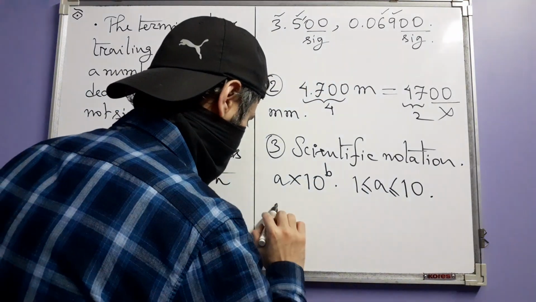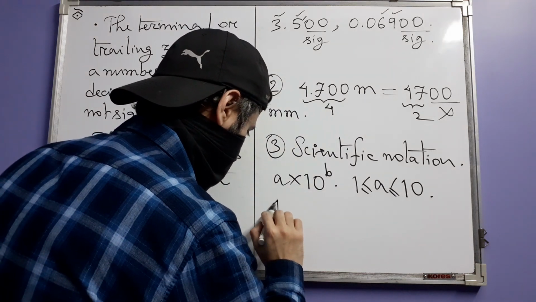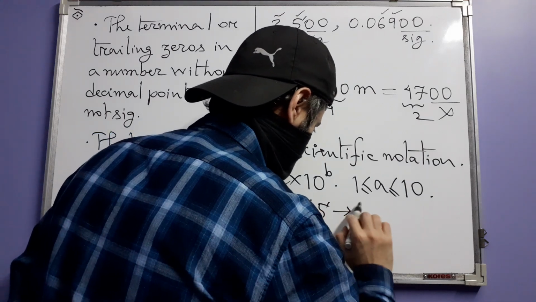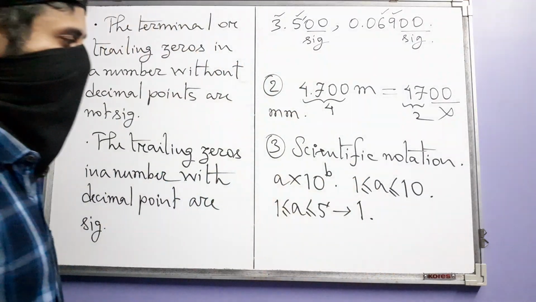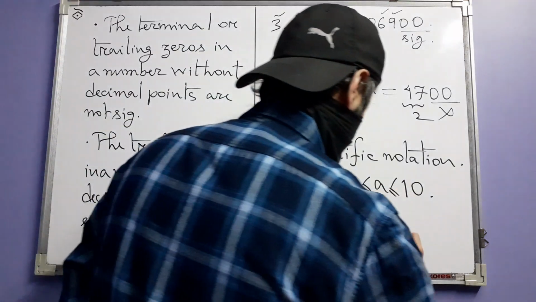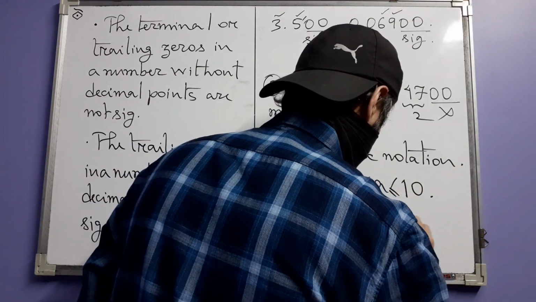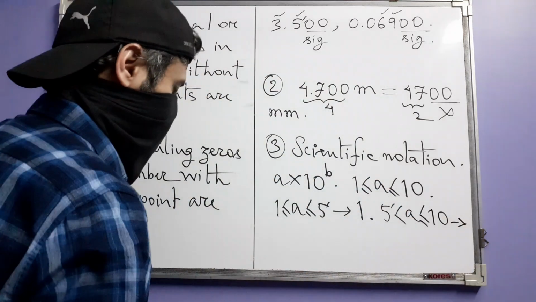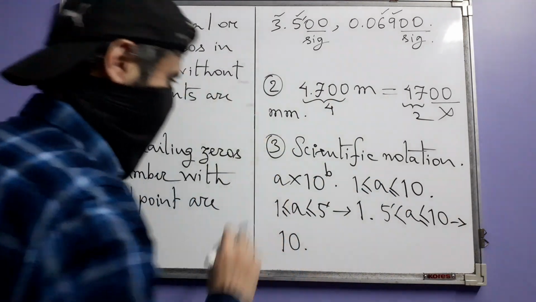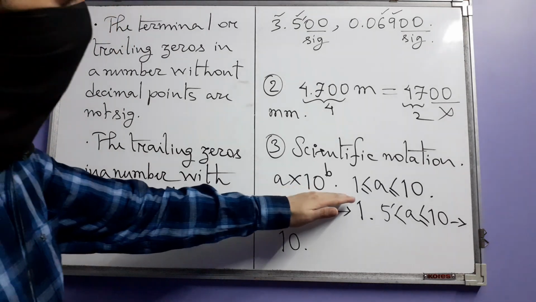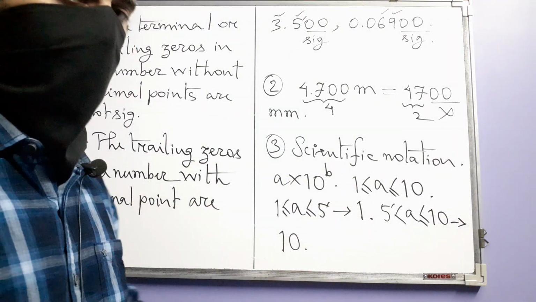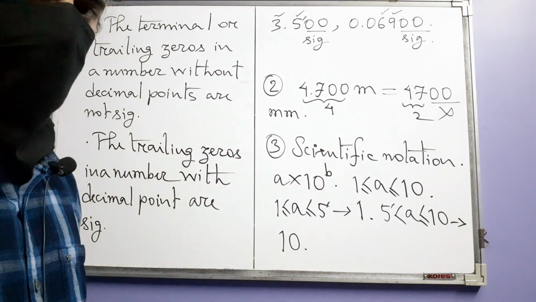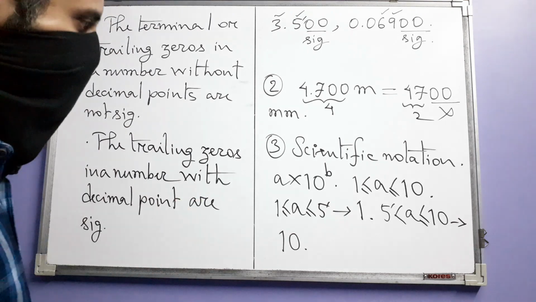Actually, if a is less than or equal to 5, we may round off a to 1, or if a is greater than 5, in that case we may round a off to 10. But when expressed in this form, we are expressing the numerical part, not the unit, in scientific notation.